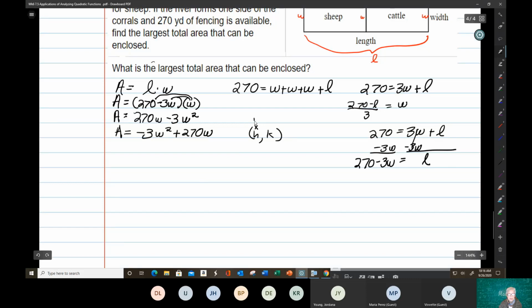So the W is going to be the H. And so we're going to find the H and then we're going to find the K. So we're going to find the W that will cause the area to be a maximum, the very largest it could be. So let's do this. Our A is -3 and our B is 270.